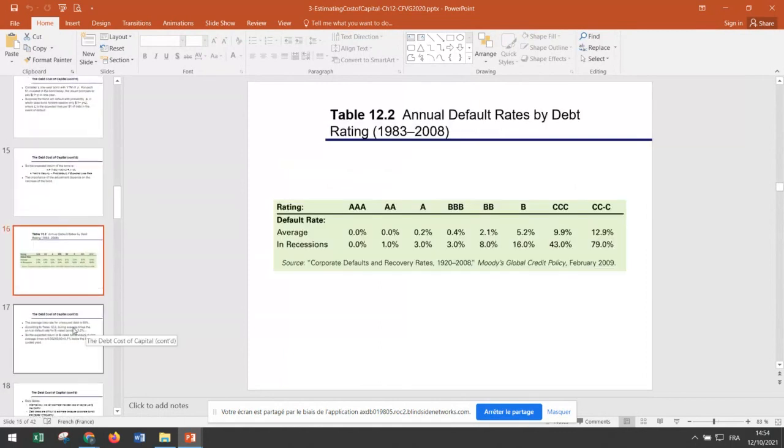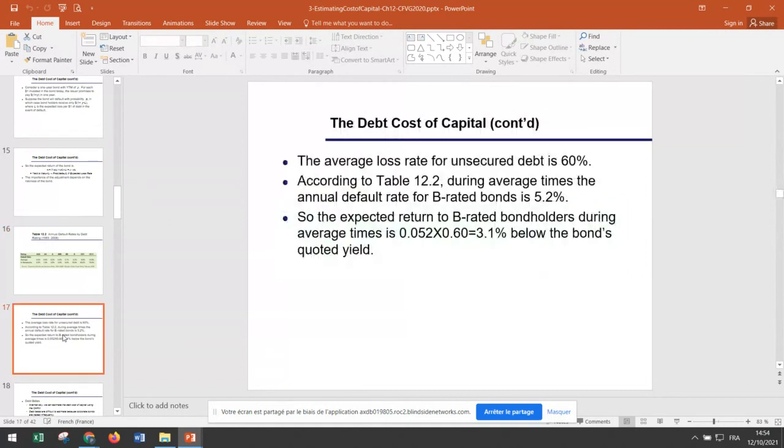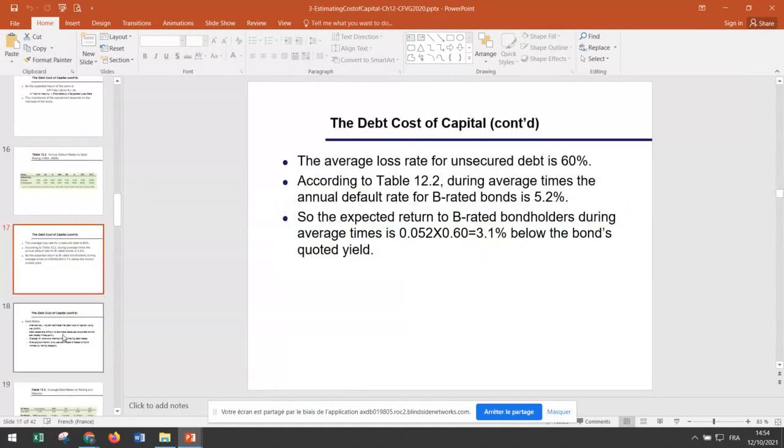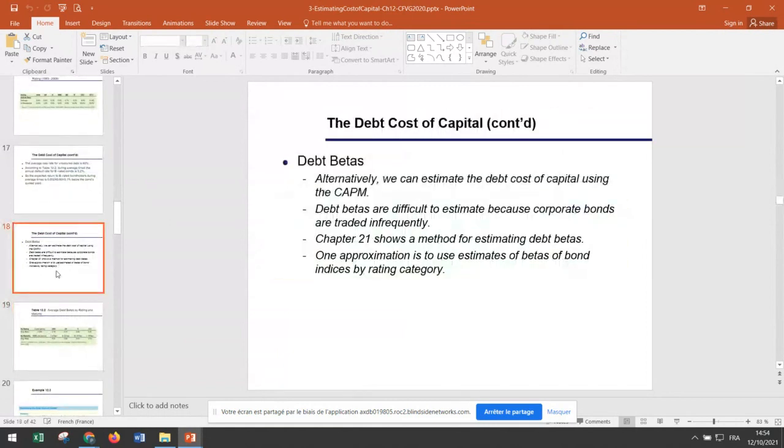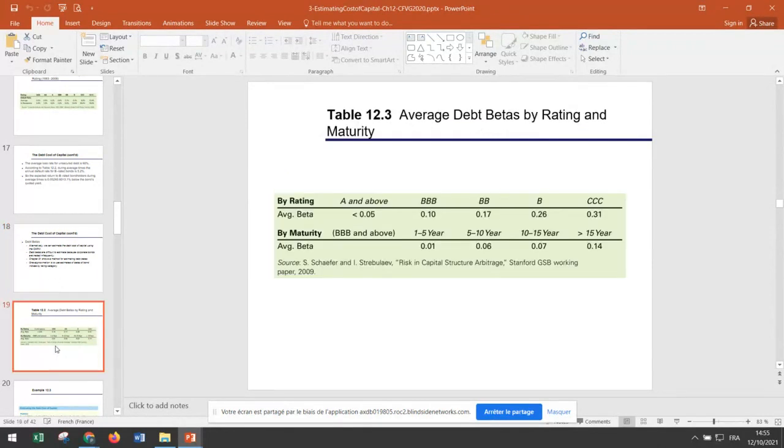The second way we calculate cost of debt is based on the CAPM formula, which we usually use to compute the cost of equity, isn't it? However, if you are able to compute the beta of debt, which is very hard to estimate, in general the debt beta should be lower than the equity beta.